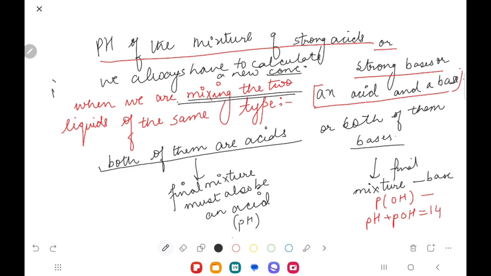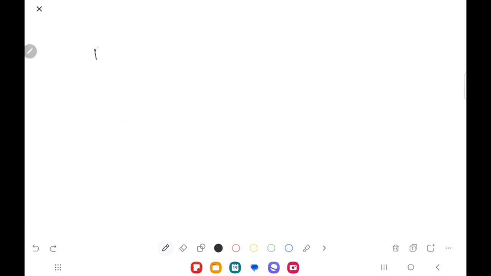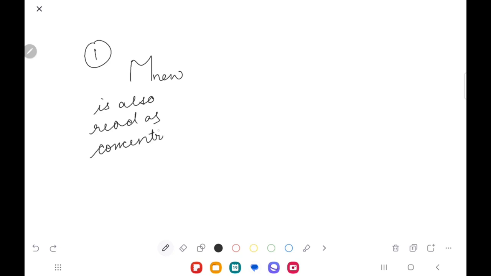For the first time, I am discussing when we are mixing liquids of the same type, either both acids or both bases. So what is the formula? Molarity nu is also read as concentration nu.